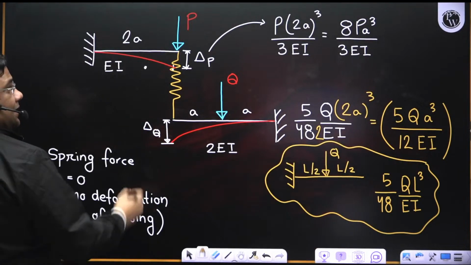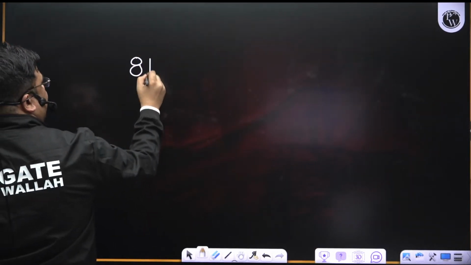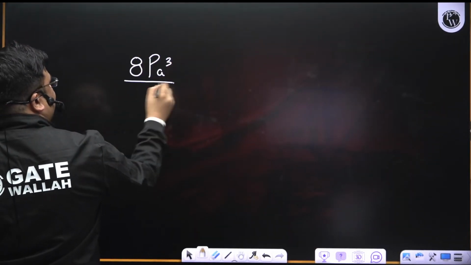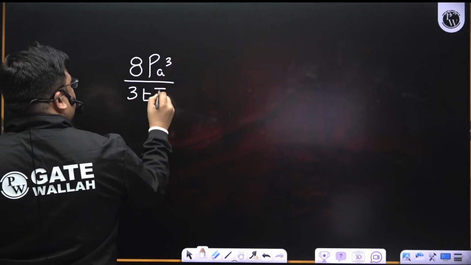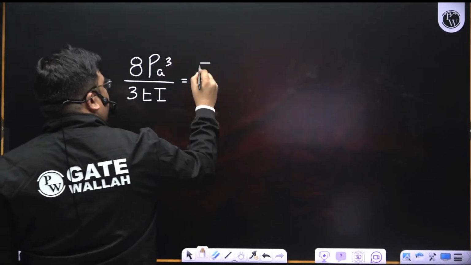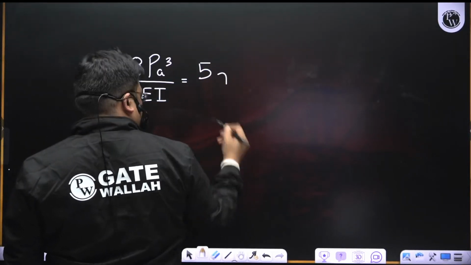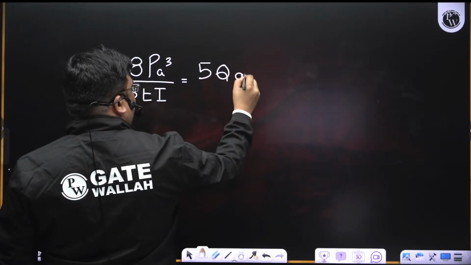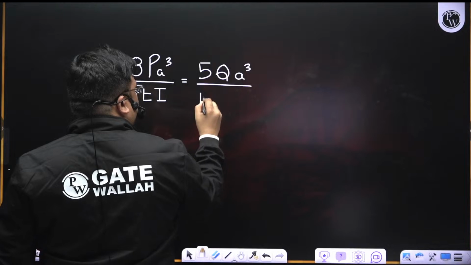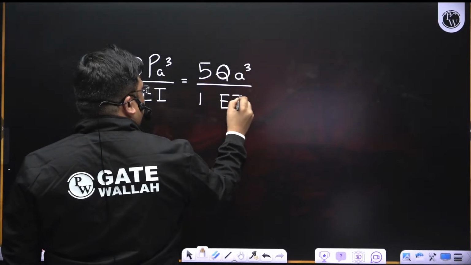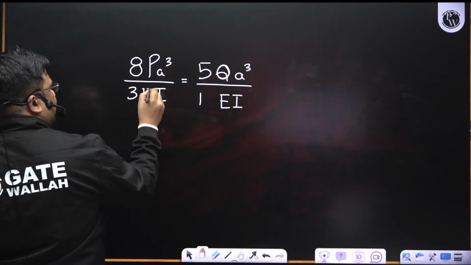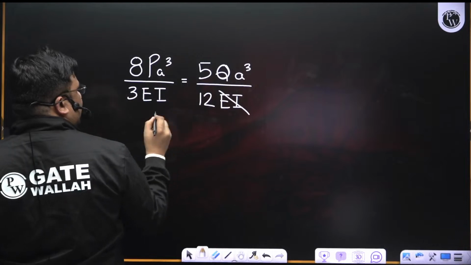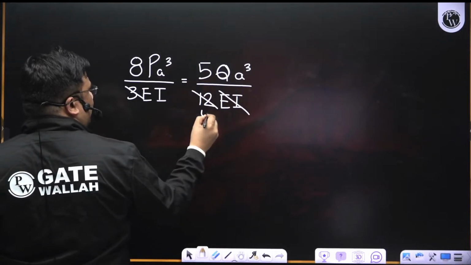So 8 PA cube by 3 EI is equal to 5 QA cube by 12 EI. You see this EI gets cancelled. This is 12, this becomes 4.